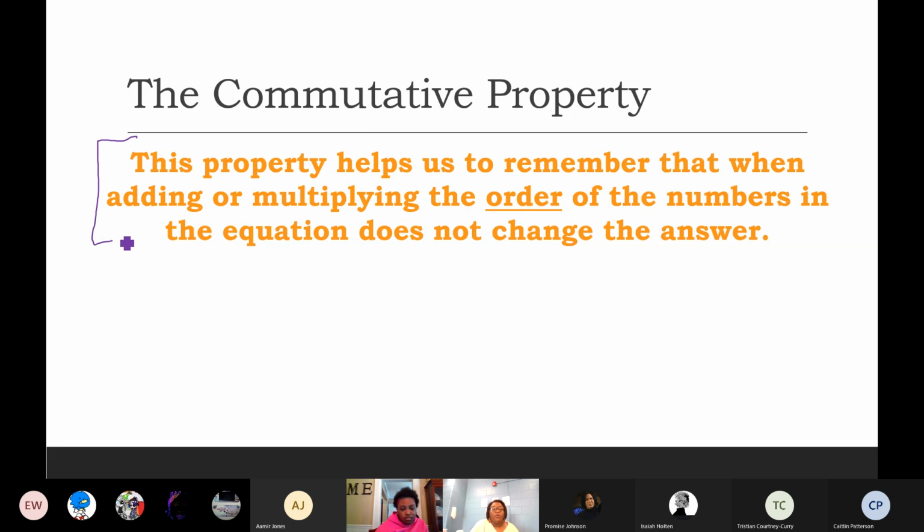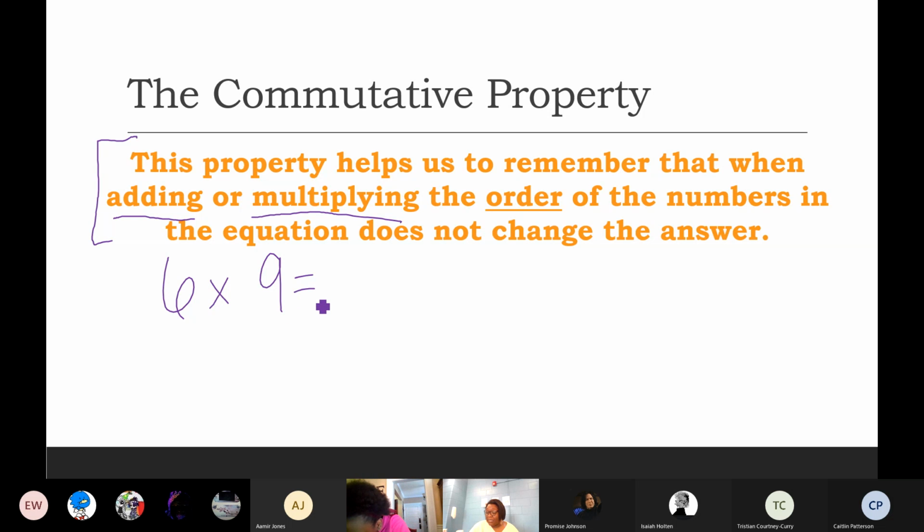So it's important for us to know that this property helps us to remember that when adding or multiplying, the order of the numbers in the equation does not change what the answer will be. So for example, 6 times 9 equals 54, forgive me, okay?